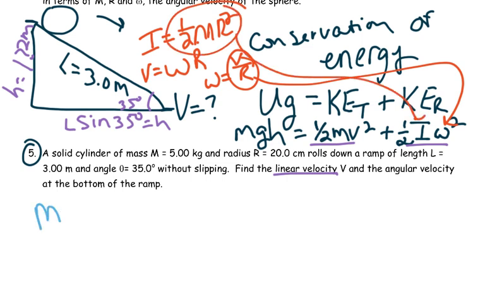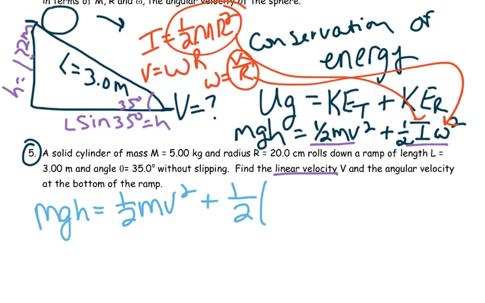So now we have mgh equals 1/2 mv squared plus 1/2 times 1/2 mr squared times the velocity over the radius, squared. So that means I square everything inside my parentheses, so I get velocity squared over radius squared.